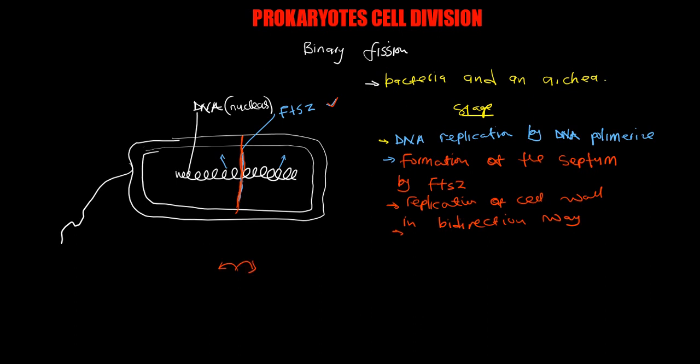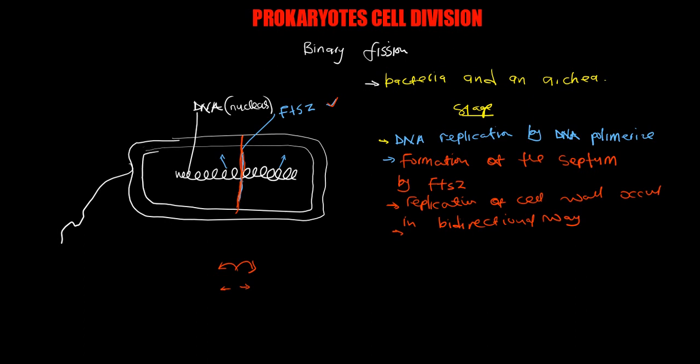They will go to their opposite poles. So replication of the cell will occur in a bidirectional way.